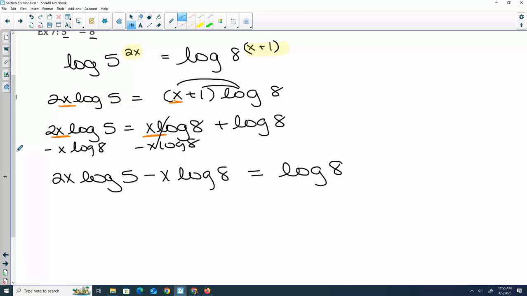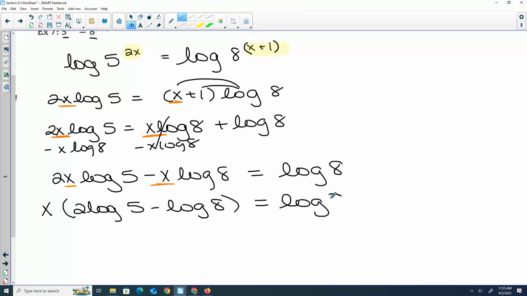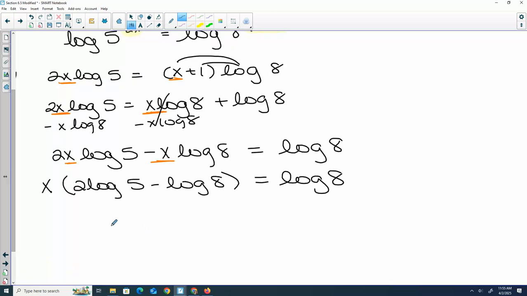But we're really only 2 steps from the answer. Both of these have an x. I can't subtract them, but what I can do is factor out the x. If they both have it, you could take it out. Divide by 2 log of 5 minus log of 8.